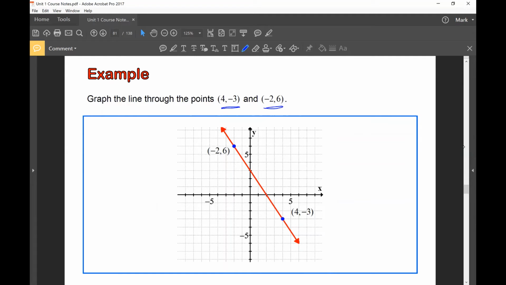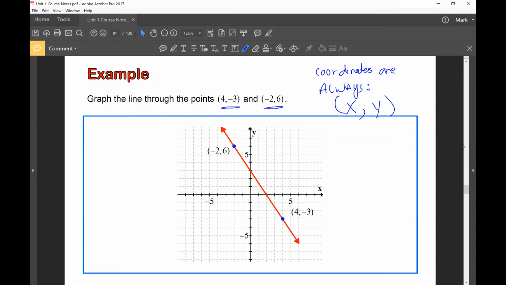Well, the only thing you really need to know is that Cartesian coordinates, which I'm just going to call coordinates, are always x value, y value, always. Now, how can you remember that?